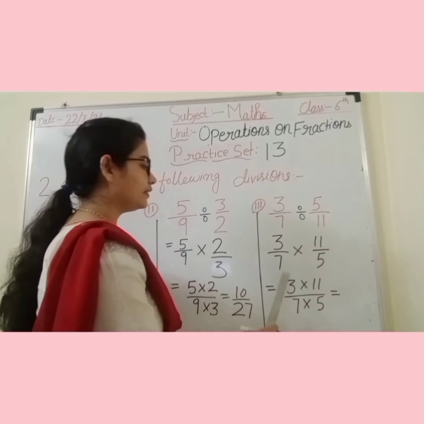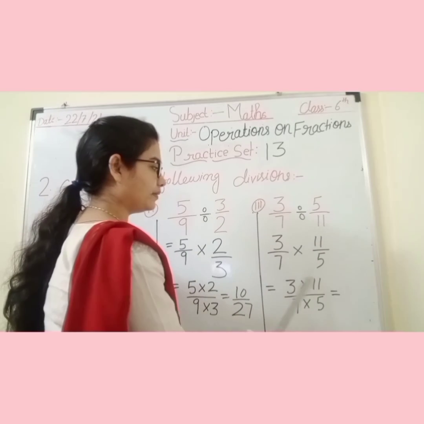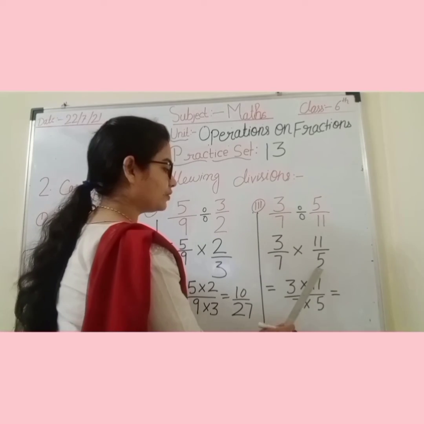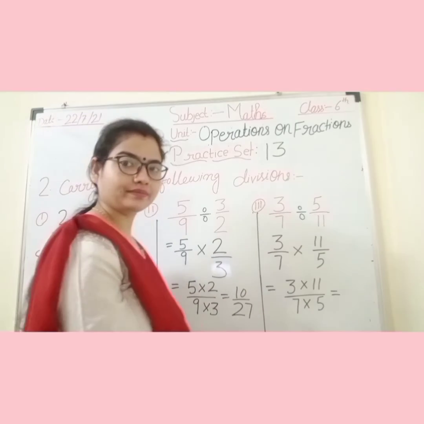So I have written here 3 into 11. Numerator gets multiplied by this numerator, 3 into 11. And here 7 into 5. Denominator 7 gets multiplied by this denominator 5.